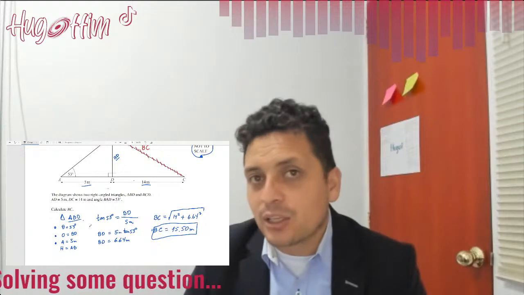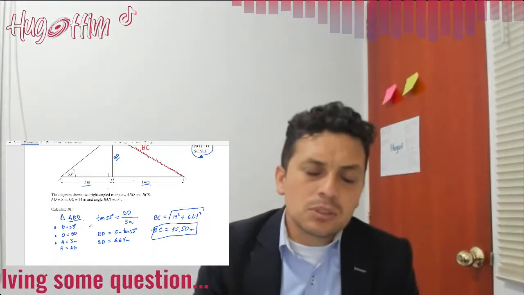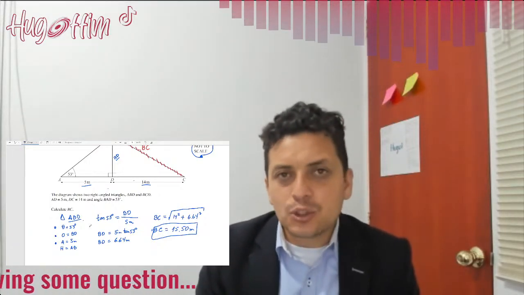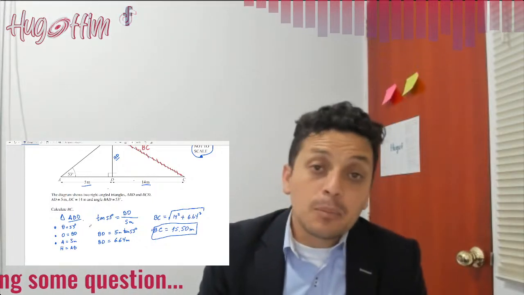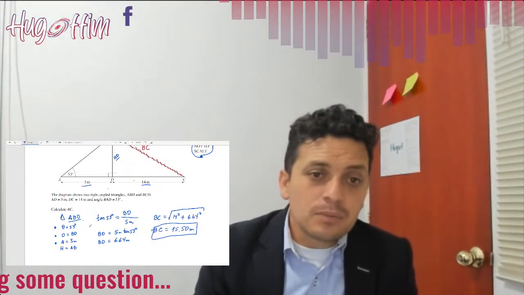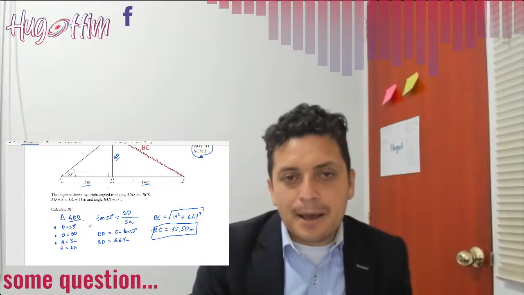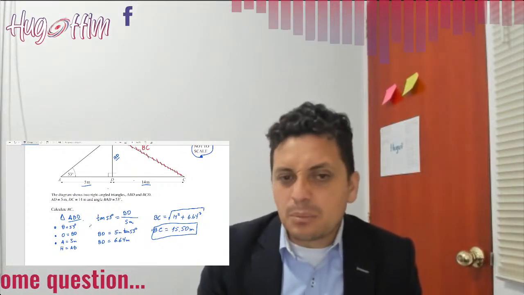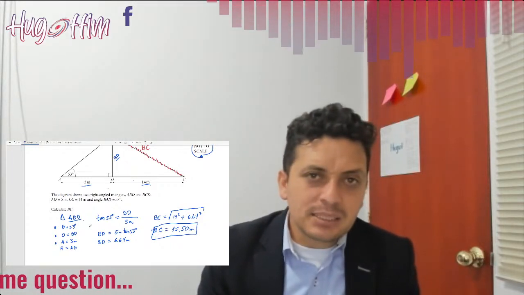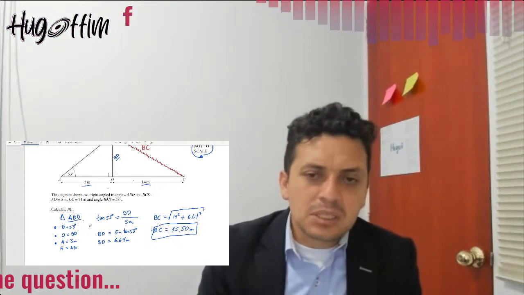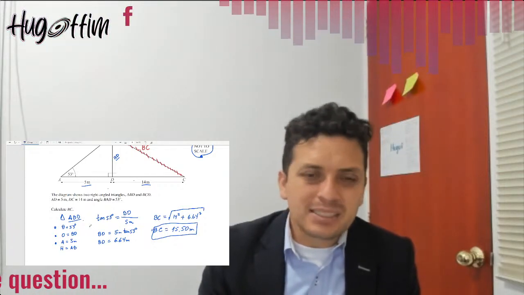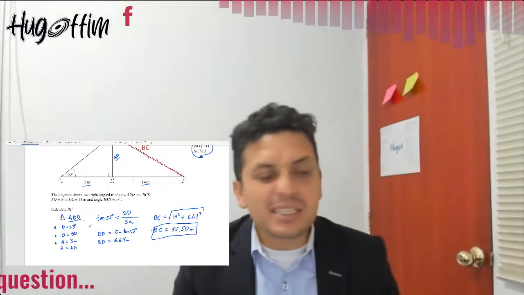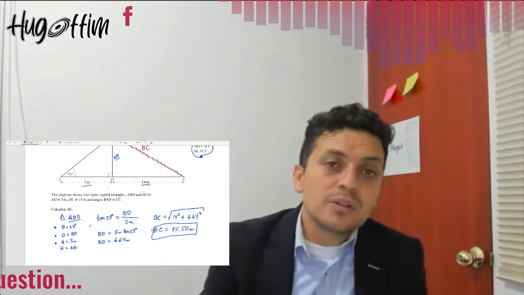You have to calculate the tangent of the angle, so you have to round it. It's good that you round the numbers to 2 decimal places, or depending on how they ask. If they didn't tell you anything, it's okay if you use 2 decimal places.